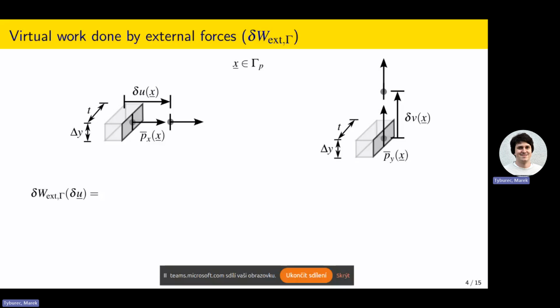And now we have a summation. What we have is the prescribed load, p over line x of x, but to produce a force we need to multiply it by delta y and t. And again, this works on this virtual displacement, delta u of x.